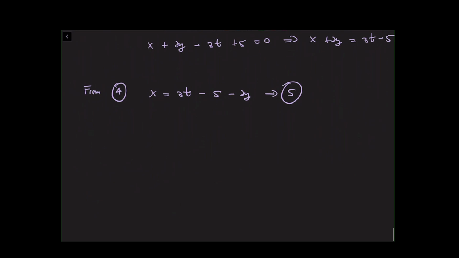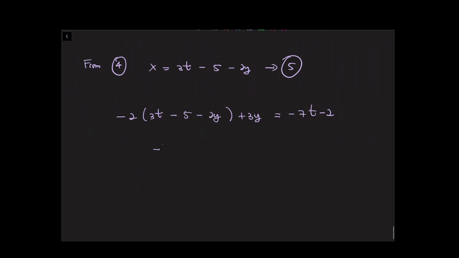So I'm going to get negative 2 into 3t minus 5 minus 2y, plus 3y is equal to negative 7t minus 2. Let's simplify this now.